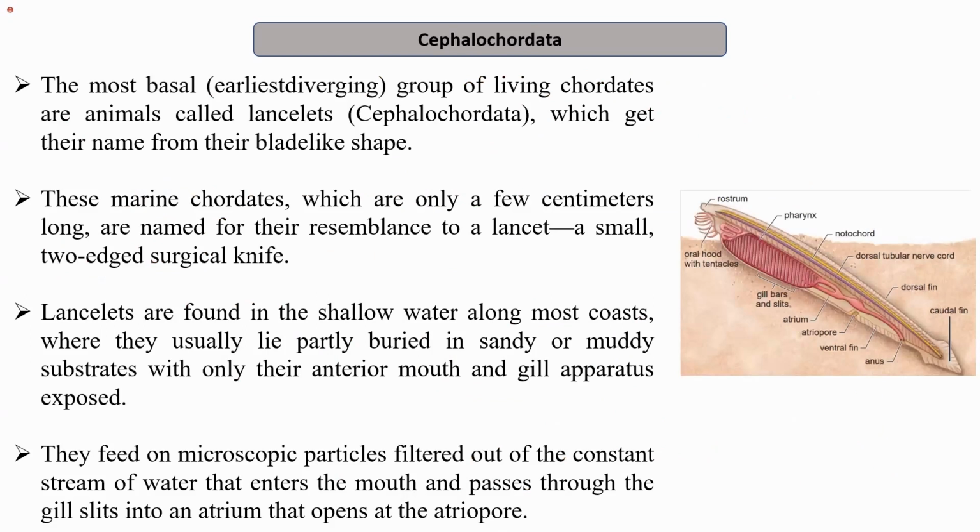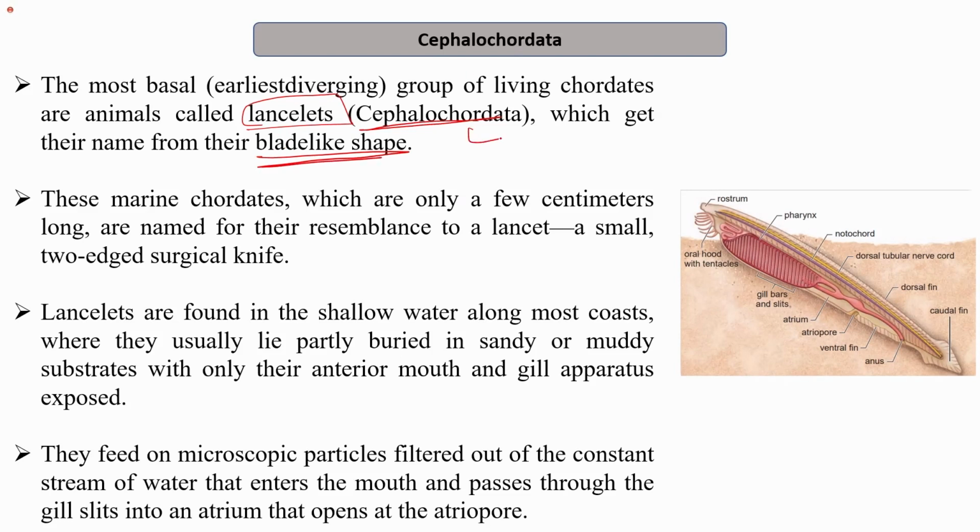So, starting with the cephalochordates, these are the earliest diverging group of the living chordates, and the animals are mostly lancelets. So they belong to the subphylum Cephalochordata. The lancet name is from their blade-like shape, right?